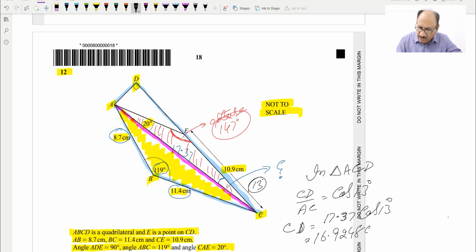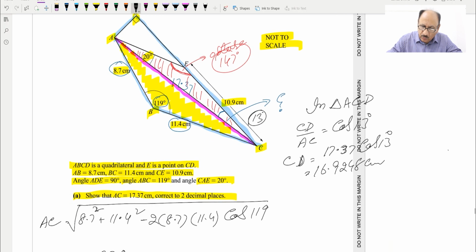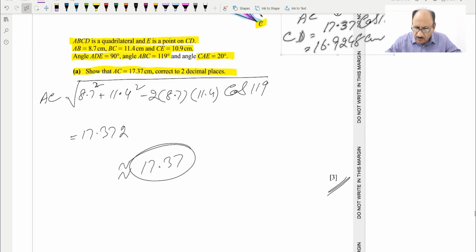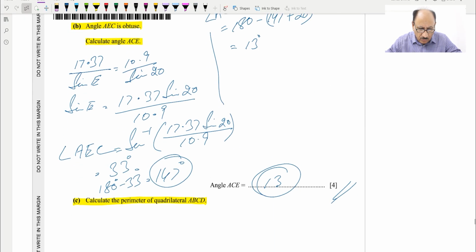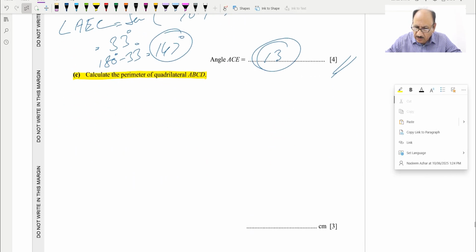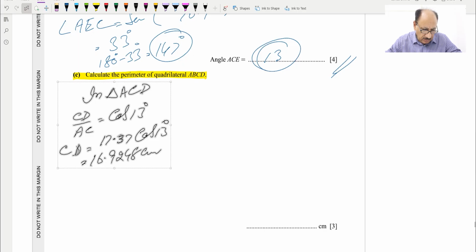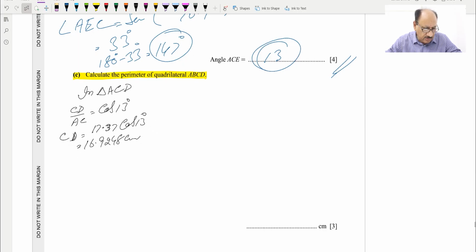This is in centimeters. So we can shift this over here, and I will just reduce it a little to a readable size.